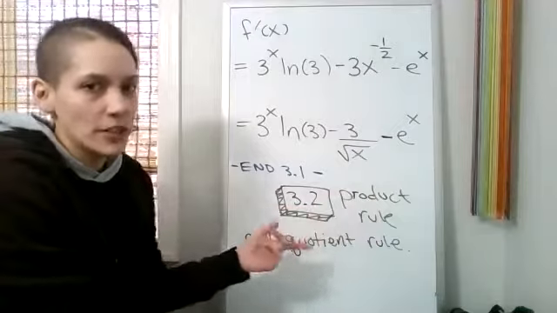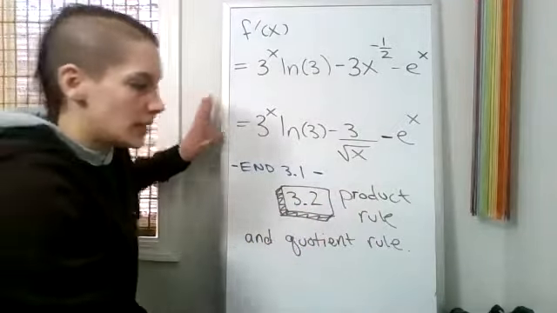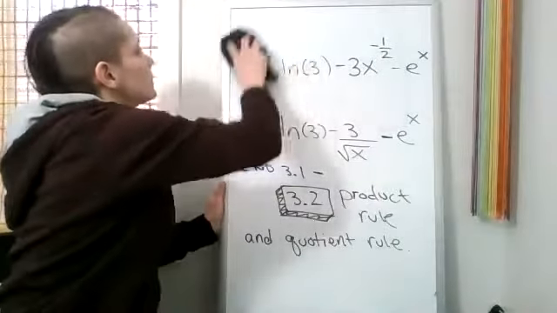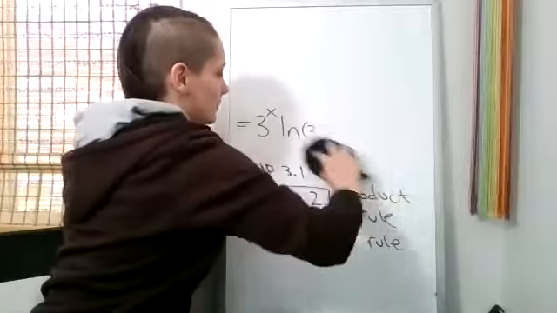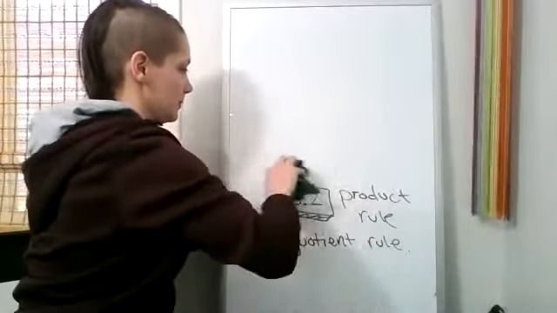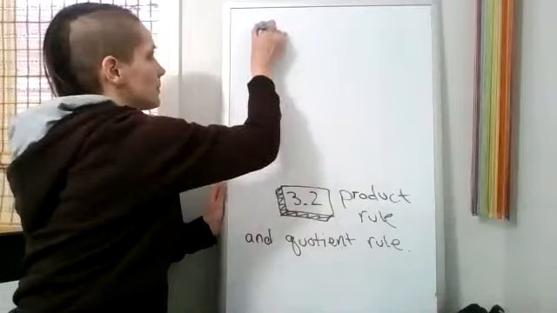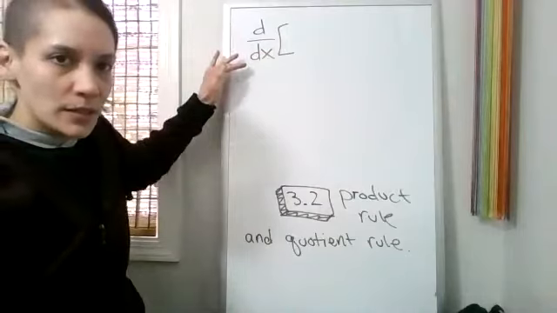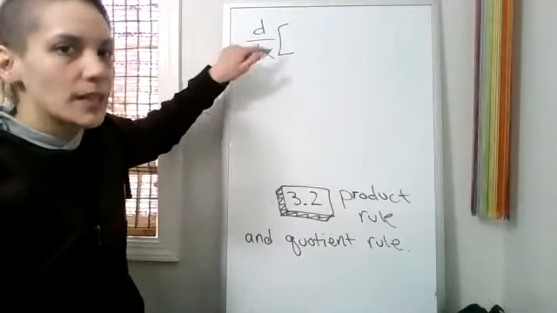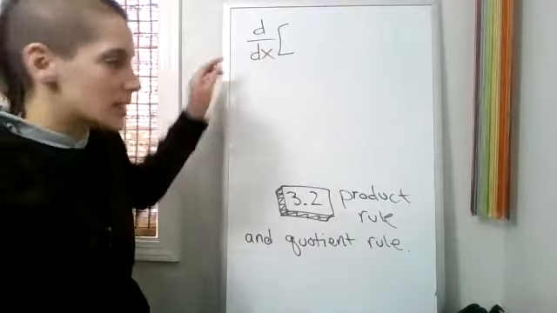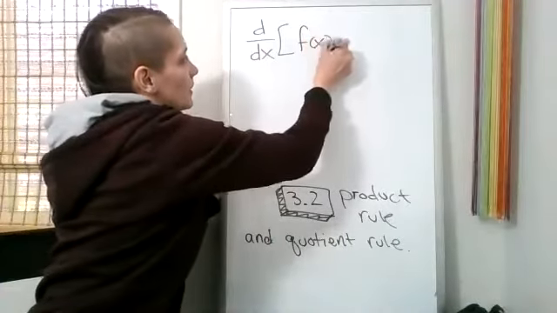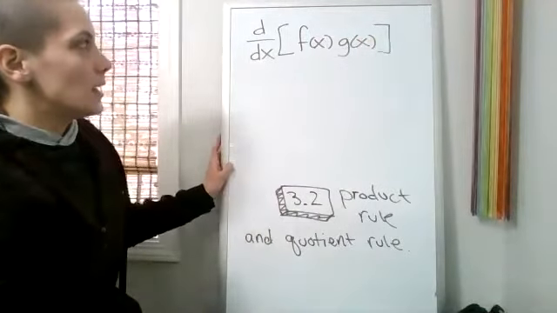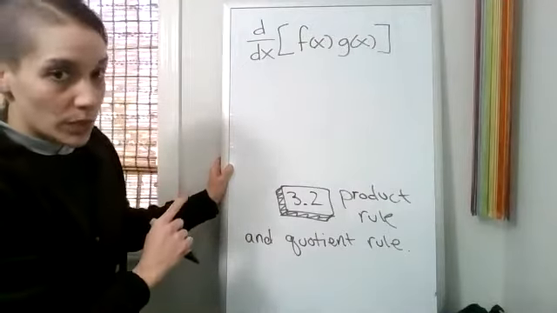So for functions f and g, we'll just jump into the derivative of f times g. The derivative with respect to x, or d dx, of f of x times g of x. We're going to write it a few times.